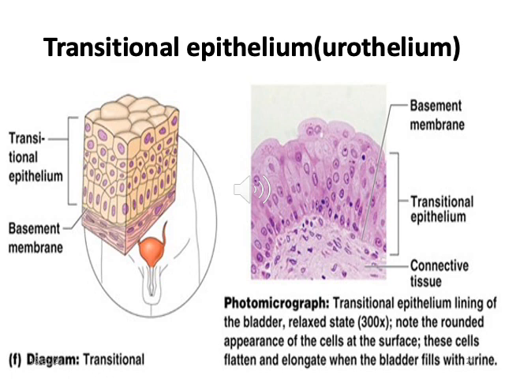epithelium of the bladder. In the relaxed state, we can see the rounded appearance of the cells at the surface, and when the bladder is filled with urine or distended, we can't clearly see the rounded appearance of the cells at the surface, and these cells become flattened and elongated.